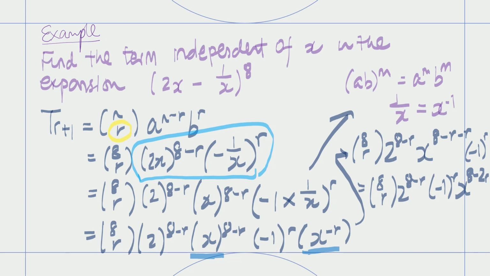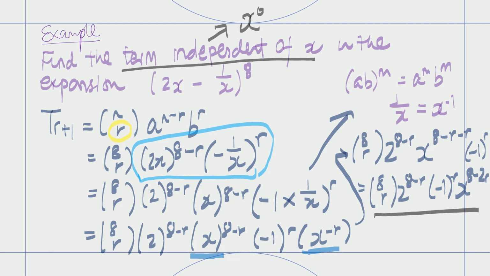I already have a general form here, so I need to understand the meaning of the term independent of x. Exactly what am I finding? The term independent of x means I'm finding the term comprising x to the power of 0.